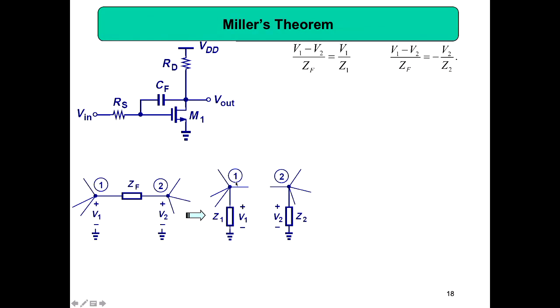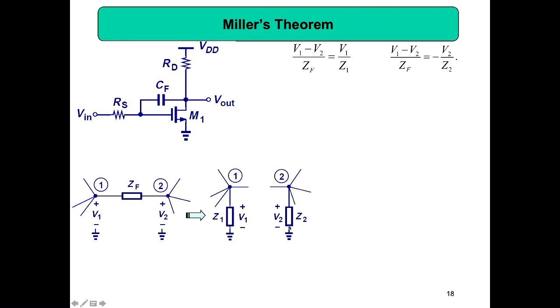Then (V1 minus V2) by ZF, which is equal to V1 by Z1, also should be equal to minus V2 by Z2. (V1 minus V2) by ZF is the current flowing through ZF from 1 to 2. If you split it, the same current should flow from 1 to ground, V1 by Z1. Then the same current should arrive here. How will the current arrive here?